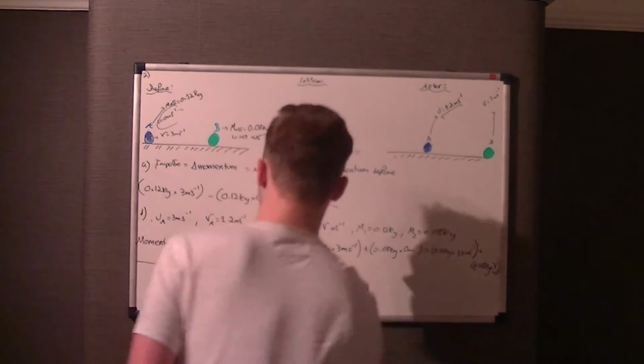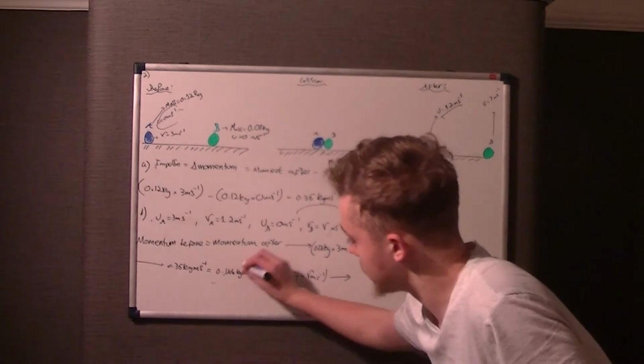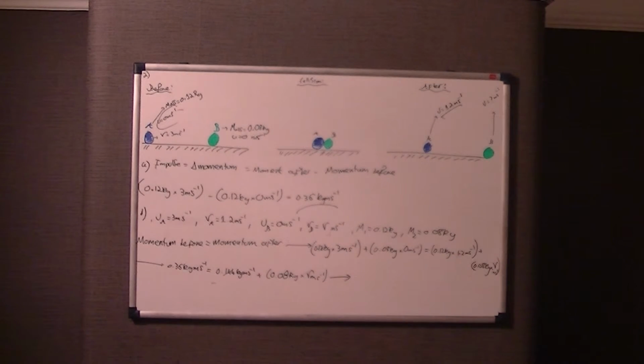Then you would subtract 0.144 kilogram meters per second from both sides, so that cancels out on the right and you take it away from 0.36, and then divide both sides by 0.08.